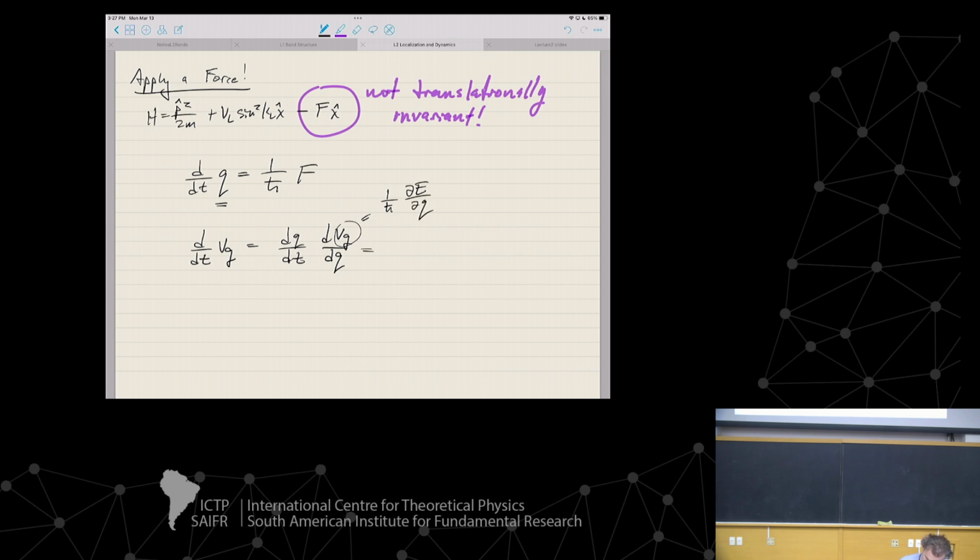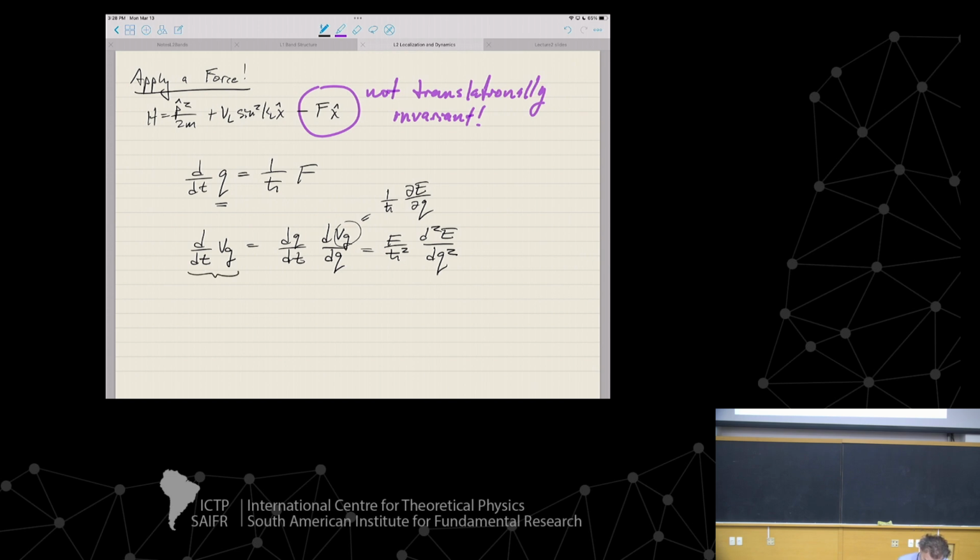And so combining these things, I now have dq/dt, which is F over h bar, and then I have another h bar from this derivative, and I have the second derivative of energy with respect to quasi-momentum. And so now I have kind of F equals ma, if I put things together correctly.